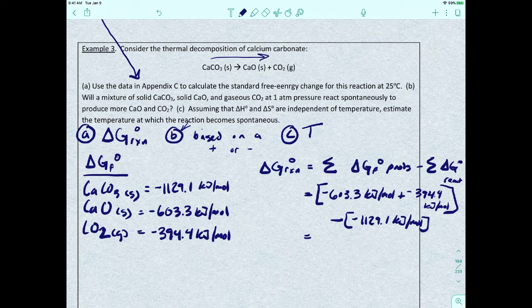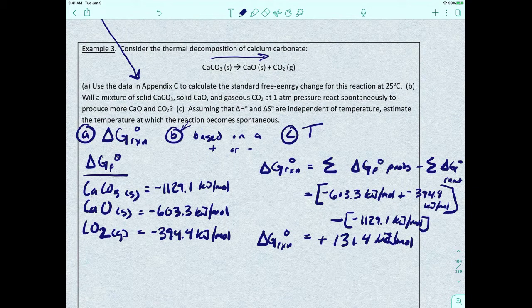All right, so if we take negative 603.3, subtract 394.4 from it, and then subtract a negative 1129.1 kilojoules per mole, we should get for the delta G of the reaction at standard state a positive 131.4 kilojoules per mole.